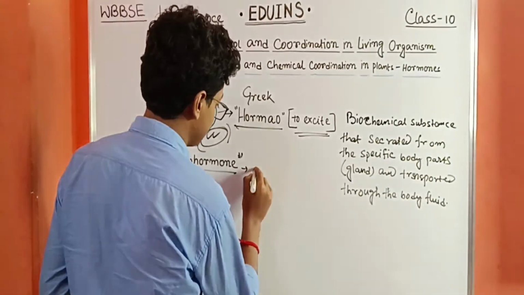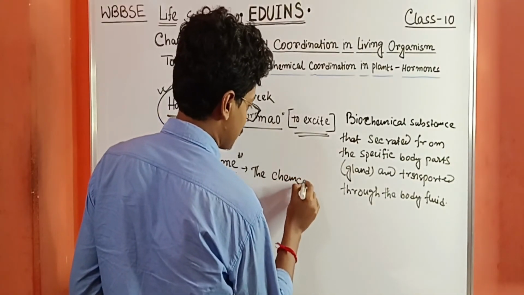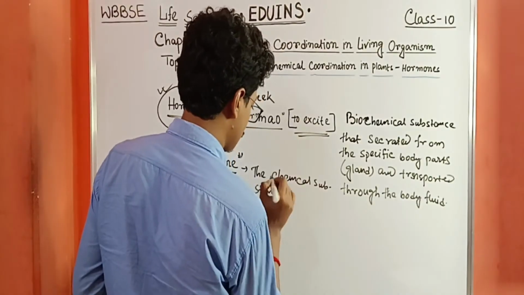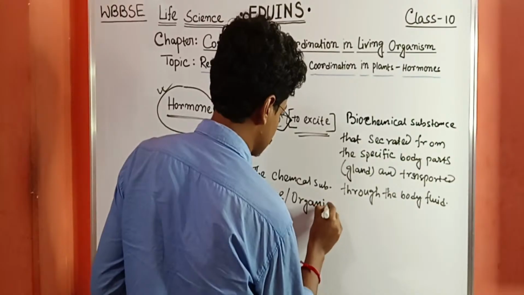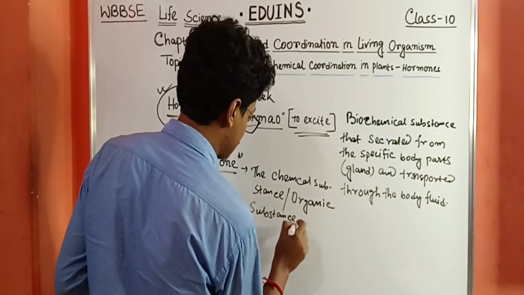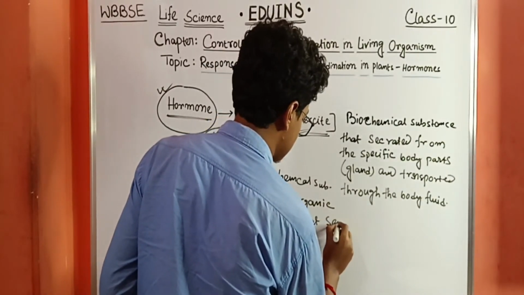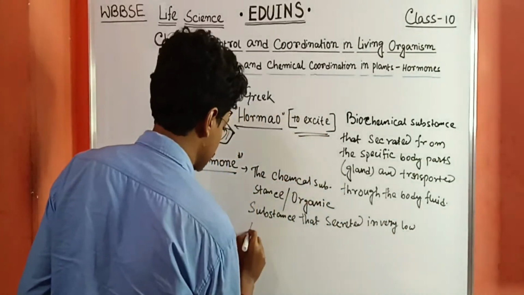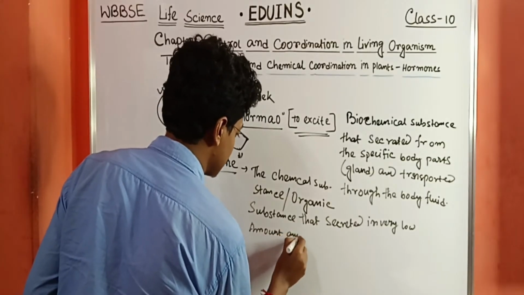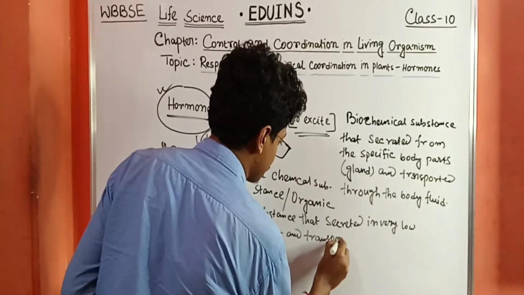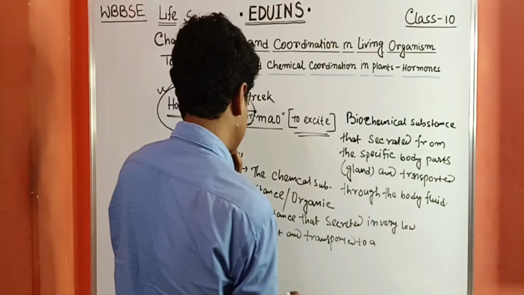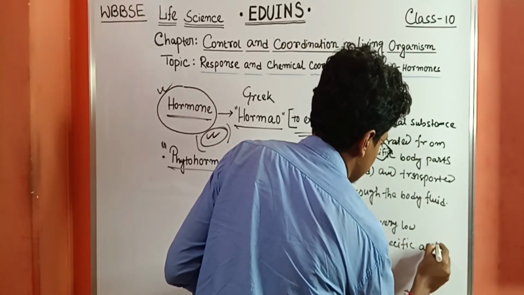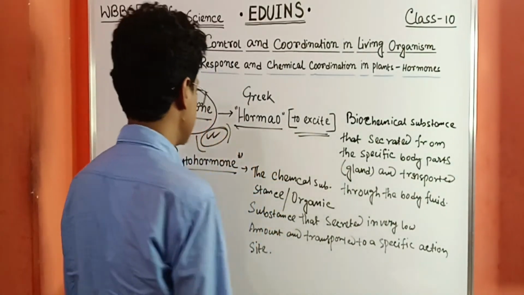The chemical substance, also an organic substance, that is secreted in a very low amount and transported to a specific action site is known as a phytohormone.